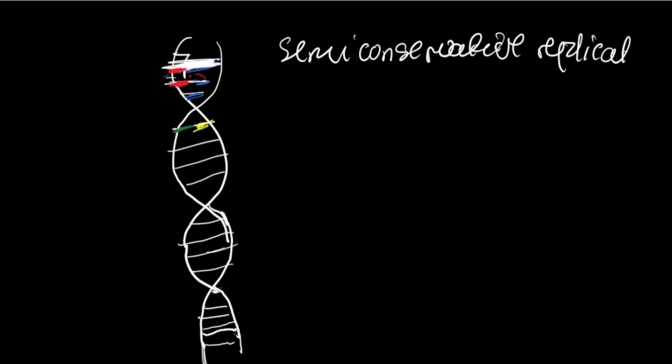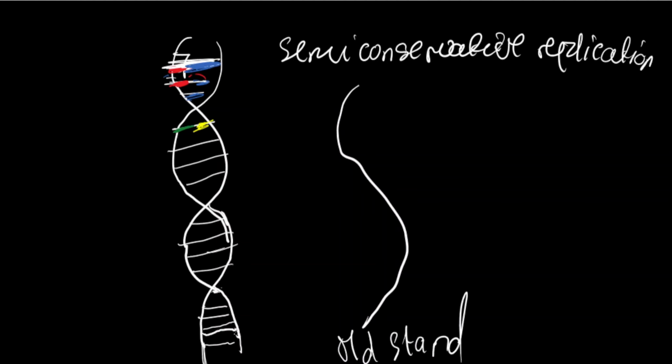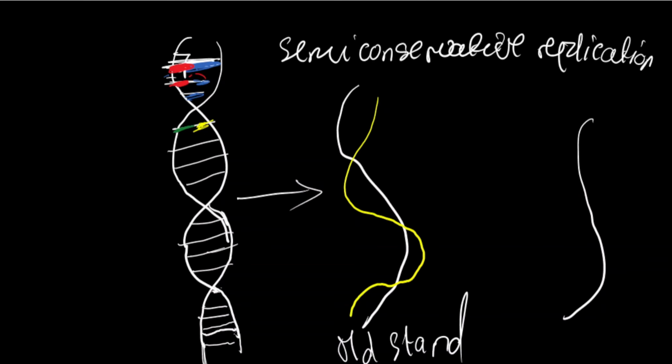This simply means that each of the two DNA molecules that would be formed would have one old strand and one new strand. So if this is the initial DNA molecule that we have, it would have this old strand, and then the new strand would be, say, in yellow, so we would have the new strand looking something like this, and then the old strand would also be present. Okay, so it has this double helix structure.